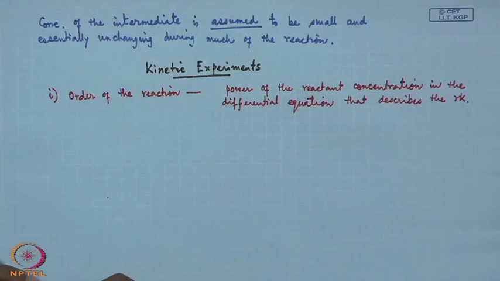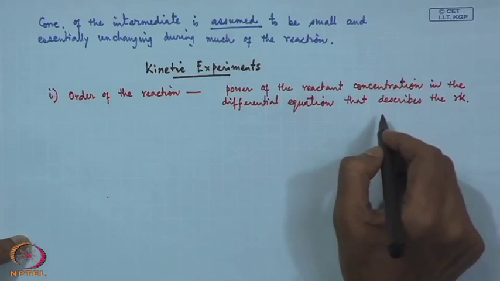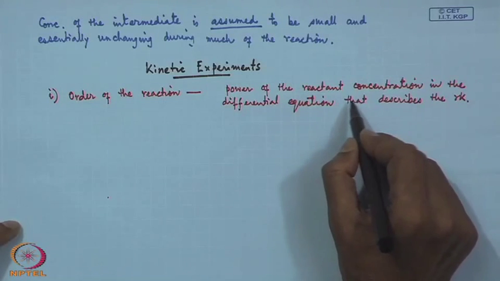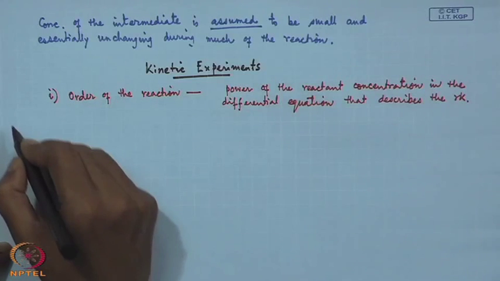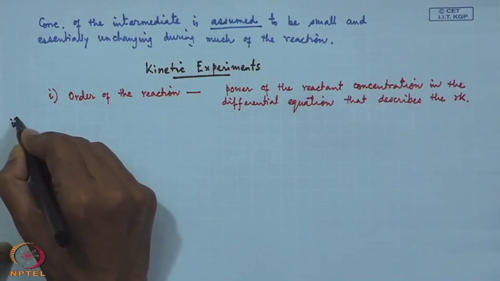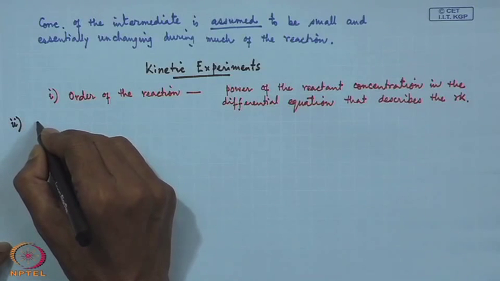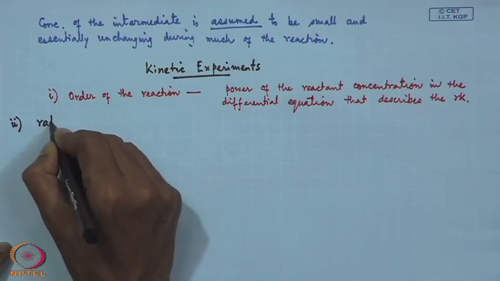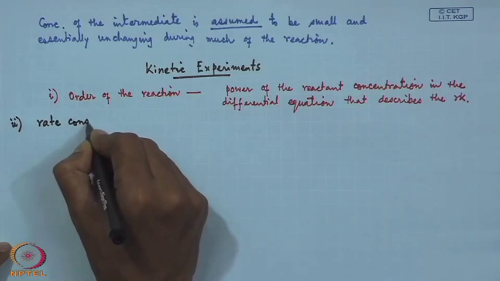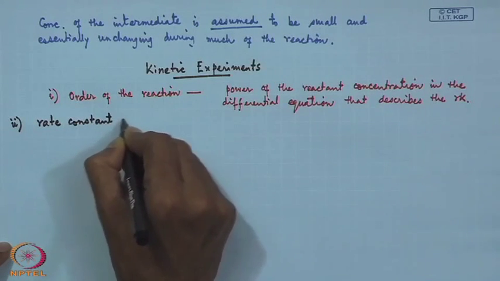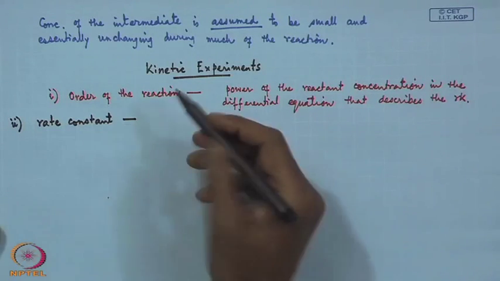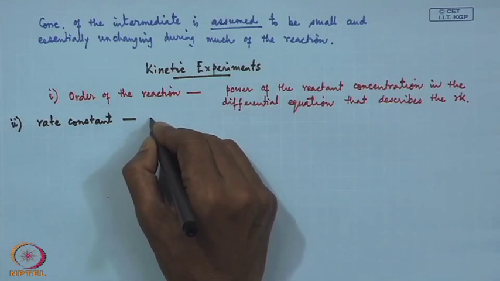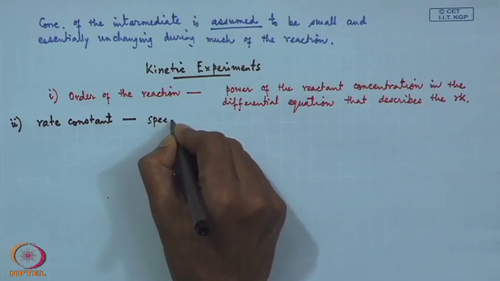If we have some power dependence on the reaction, then how this power is related to the reactant concentration will tell us the order of the reaction. Then once we know the order, we can determine the rate of the reaction or the rate constant. So, the rate constant tells us how quickly the reaction is taking place, that means the speed of the reaction.